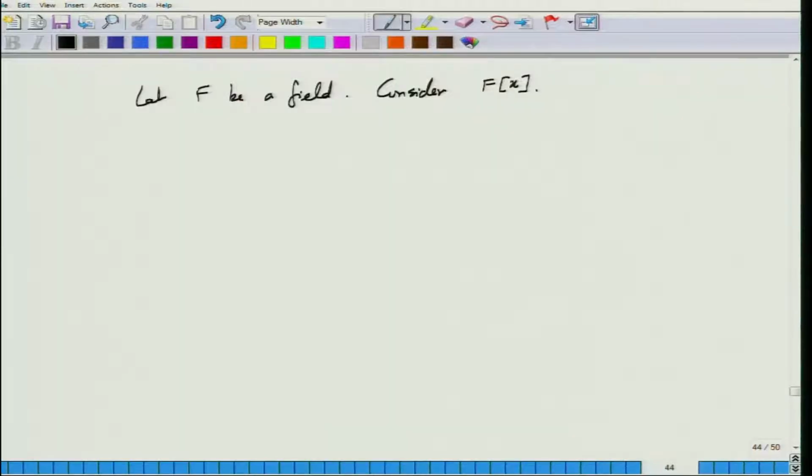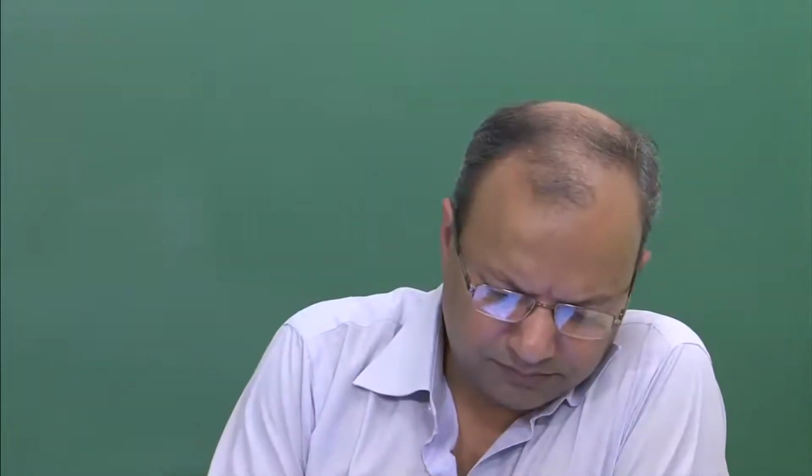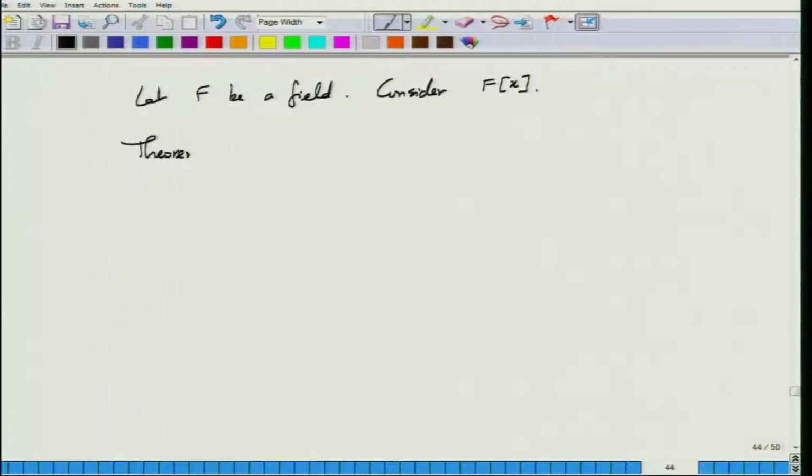This ring has some nice properties. For example, F[x] is an integral domain.